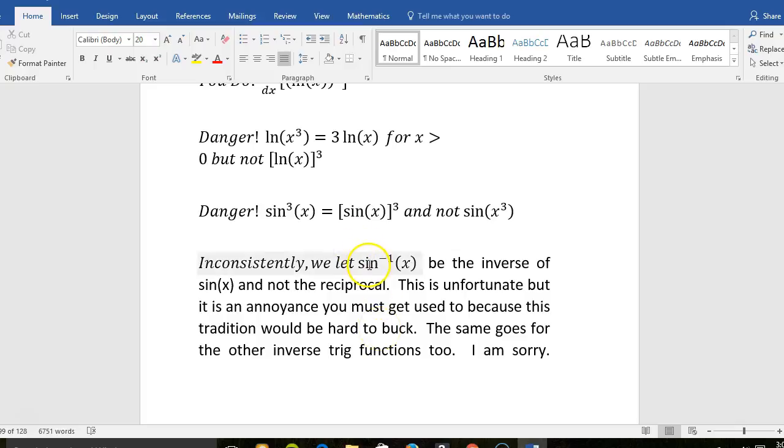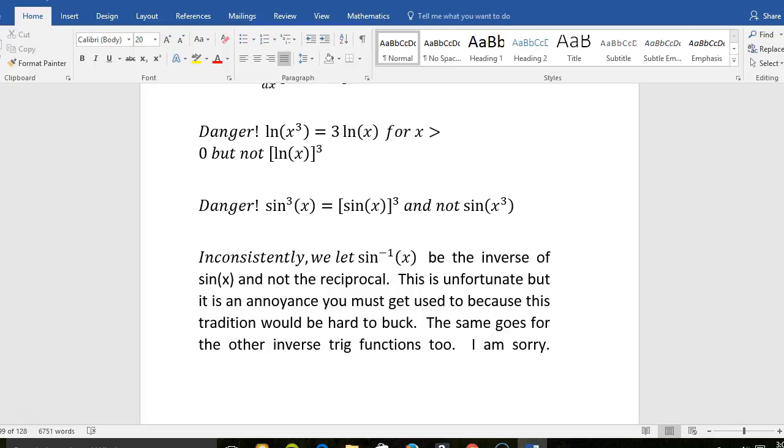This is arc sine. It feels like it ought to be the cosecant. Well, they just don't let it, okay? You'll just have to break the rule. The -1, you'll just have to live with it. It's the arc sine. It is not the cosecant, and I'm sorry about that. So this is not the reciprocal. It just is what it is. You'll just have to live with that definition.